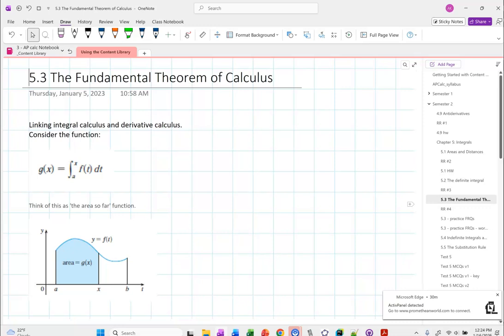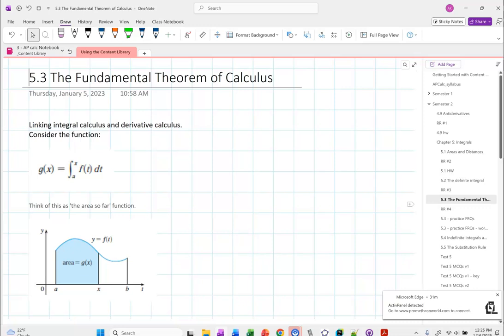The process we used to find the area under the curve we called an integral. Today we're going to link these 2 ideas together, because I had promised that we were going to tie this up into a nice neat bow. Today is the day when the bow gets knotted nice and tight, and life is about to get much simpler for all of us, which is a good thing, right? Everybody likes that idea.